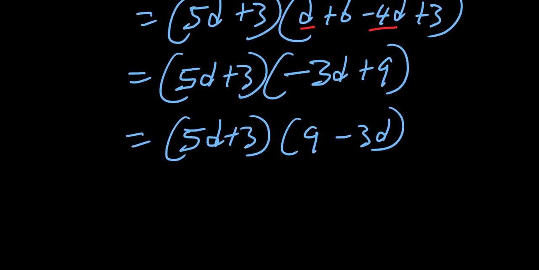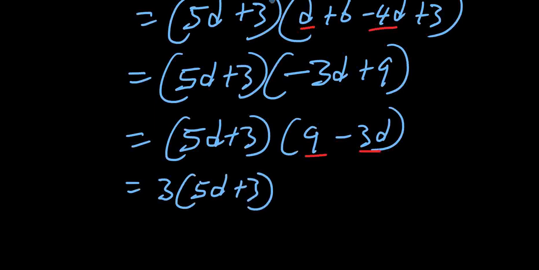So if you look at this, it can be factored. We have the GCF of 3 there, so let's bring out the GCF. So this will be equals to 3, 5d plus 3, and now let's divide the first term, which is 9, by the GCF, which is 3, and minus 3d, divide that by the GCF.